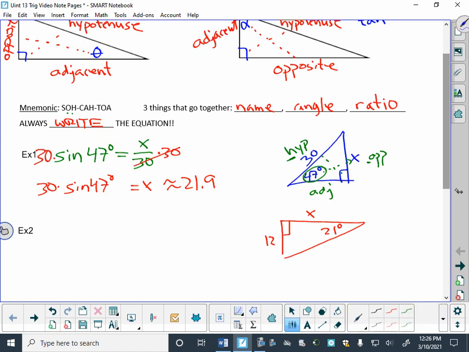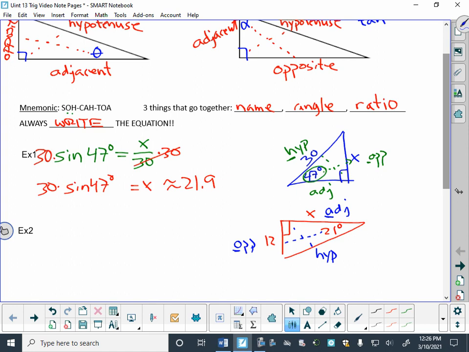So the process again: here is the right angle. Across from the right angle is the hypotenuse. Across from the angle that I'm working with is the opposite, and so this one must be the adjacent. In this case, I know the opposite, and I want the adjacent.